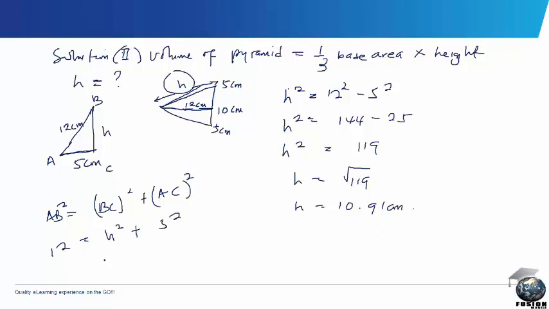So h squared is equal to 12 squared minus 5 squared, switching formulas. That was how we arrived at this point. I believe by now you should be conversant with Pythagoras theorem, so that manipulations using it wouldn't look like magic to you.